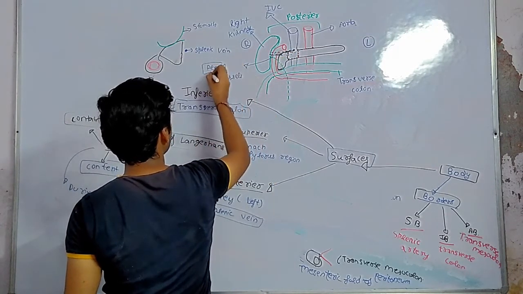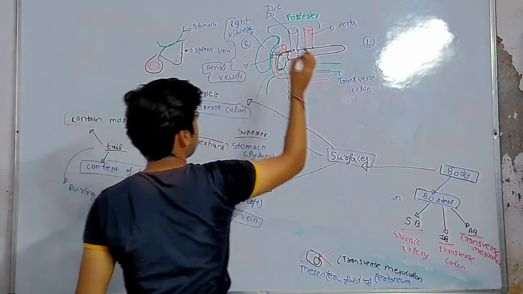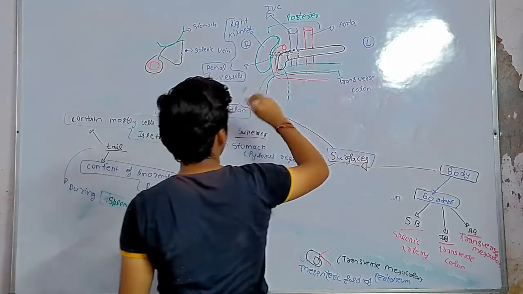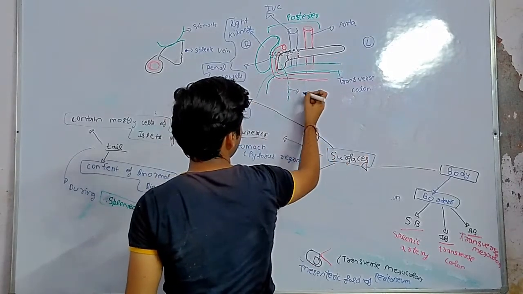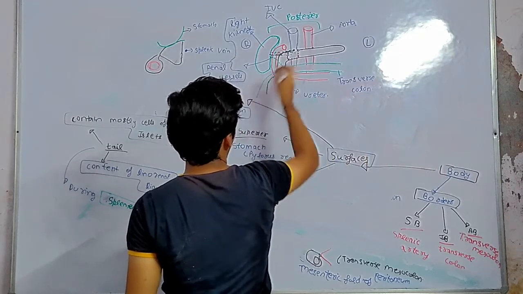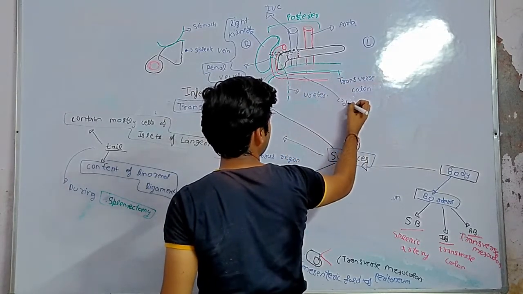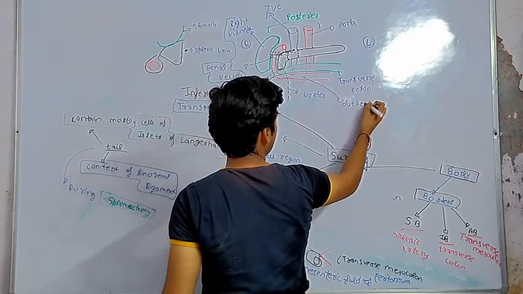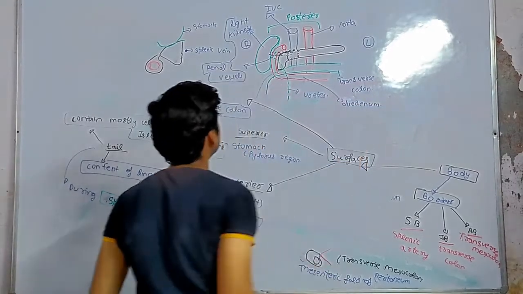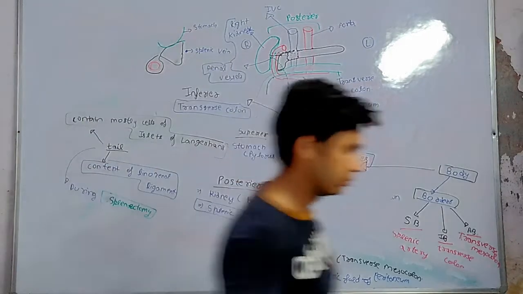Then the transverse colon, and this is the ureter, and this is the duodenum. Done. So these are the parts. Note this.